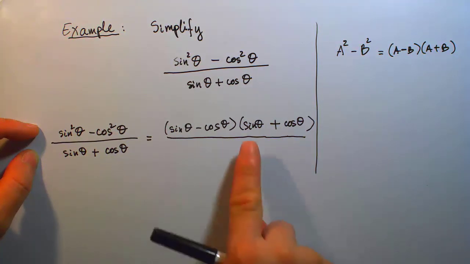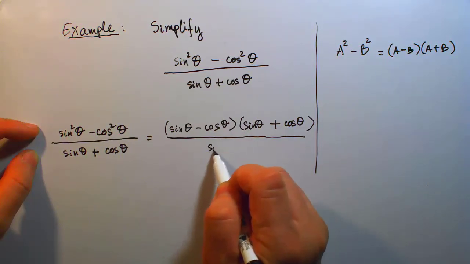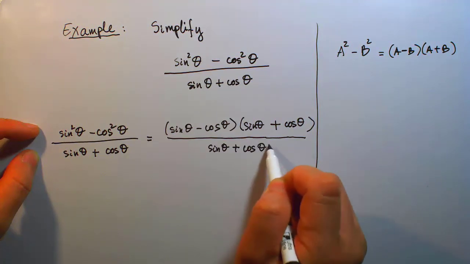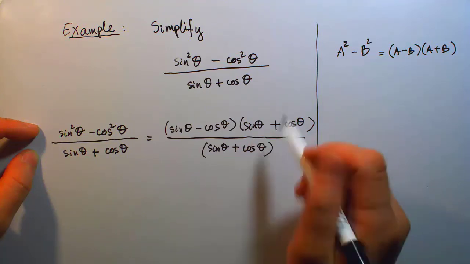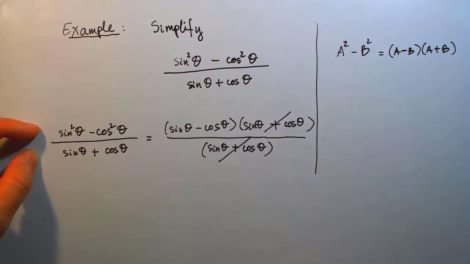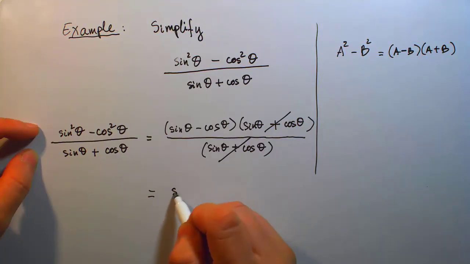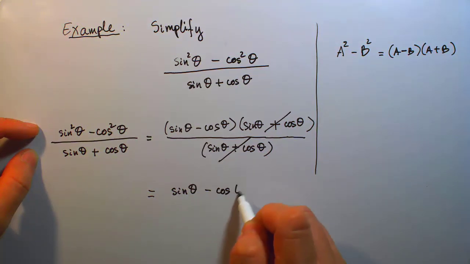As soon as I finish factoring, I realize right down here in the denominator there is another identical factor. And so like factors get cancelled away in this fraction. What we have left now is sine of theta minus cosine of theta.